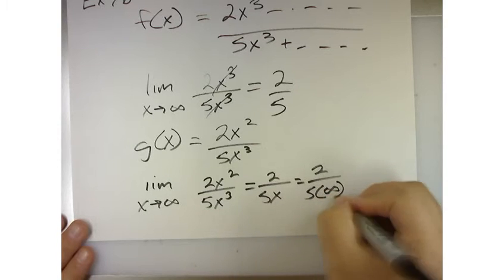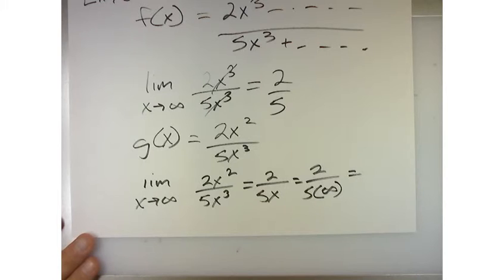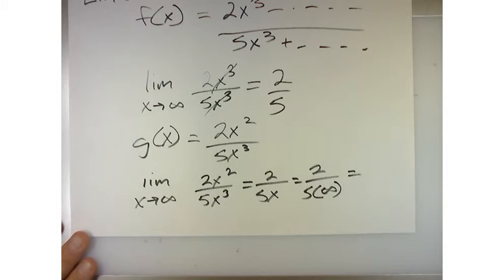What's the answer to this? 0, right? So if infinity's on the top, then it's approaching infinity, but if it's on the bottom, it's approaching 0.